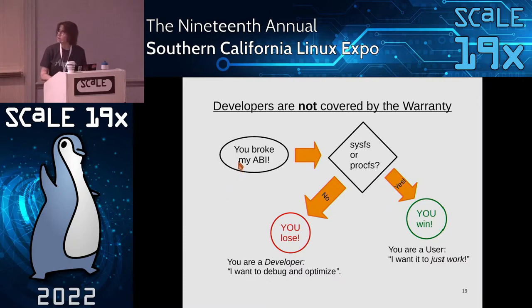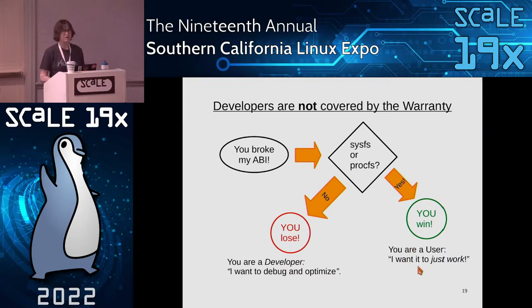So if you consider ABI breaks as a board game, and an aggrieved user says, "You broke my ABI," it's an open and shut case in general if sysfs or procfs has changed. Then, in general, if it's not one of the parts of sysfs that's not covered by the ABI guarantee that has changed, it is a regression and the patch will be reverted and you win.